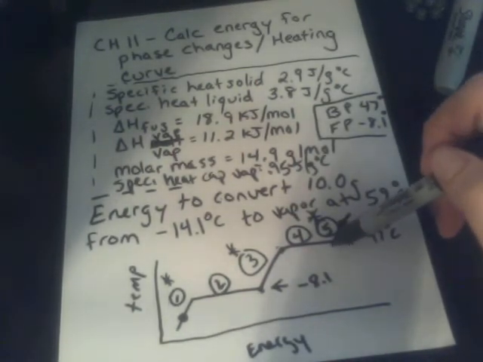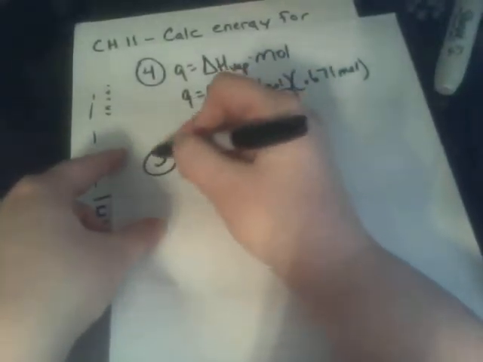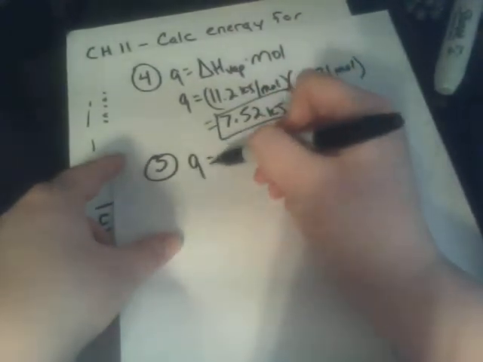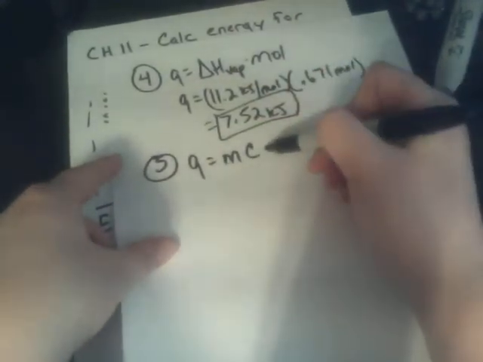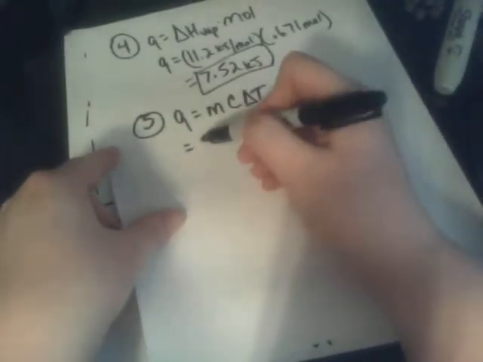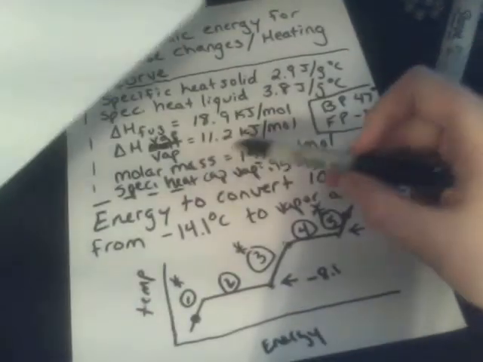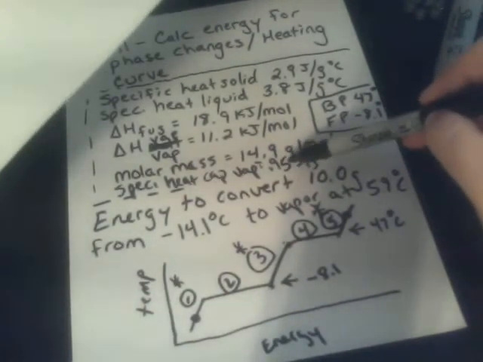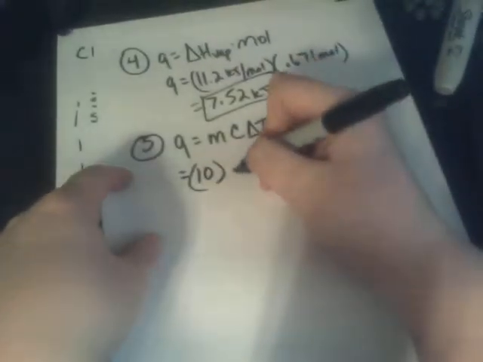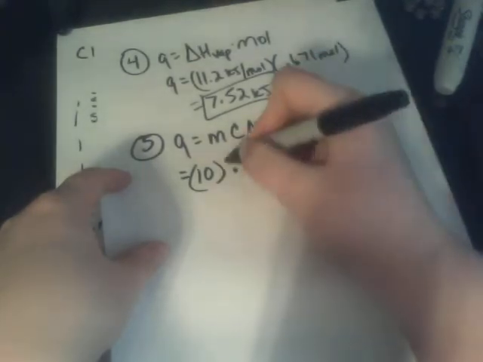Now we just have to heat up that vapor to 59 degrees. So what are we going to use? We're going to use the equation like we had before. Q equals mass times specific heat times delta T. In this situation, mass is still the same. Specific heat, which one am I going to use? I'm going to use the specific heat of vapor, which is 0.95 joule per gram degree Celsius in this case, right?